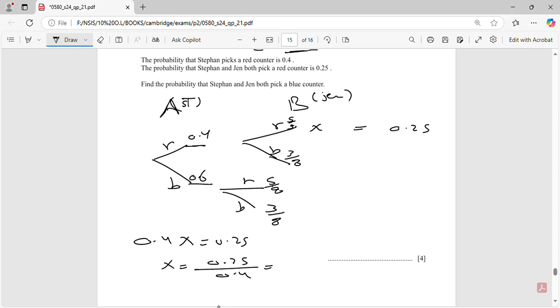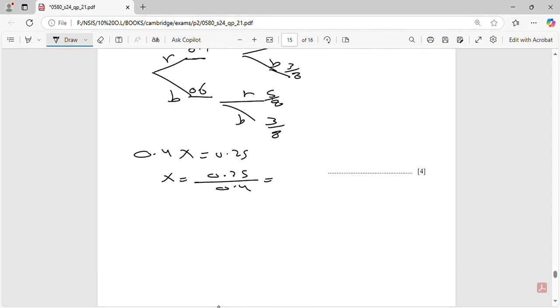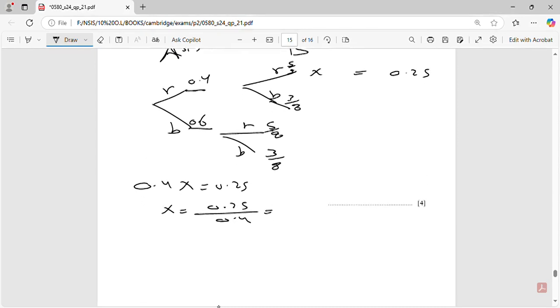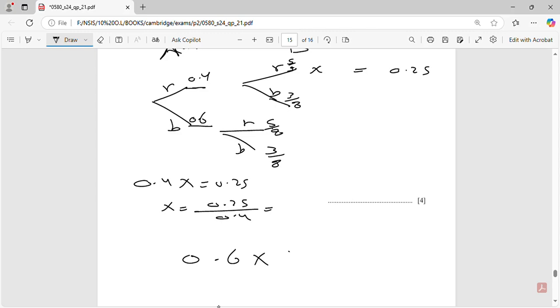Now let's think about what he asked me to do. Find the probability that Stephen and Jane both pick blue, blue and blue. So both pick blue. So 0.6 times 3 over 8. This is multiply, not plus.